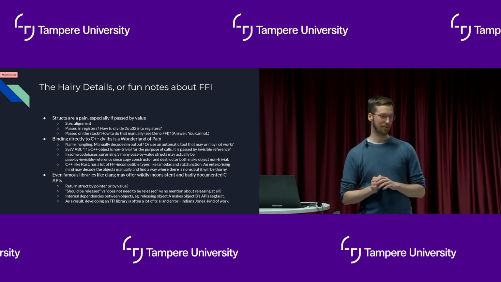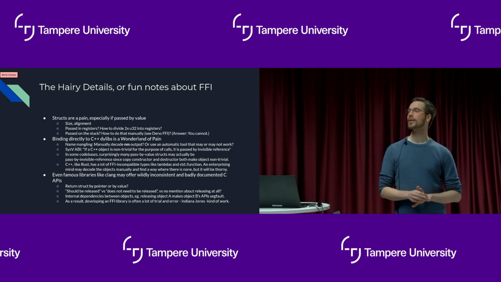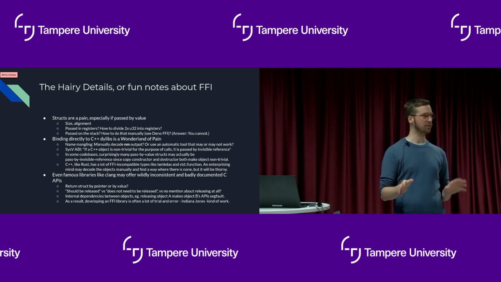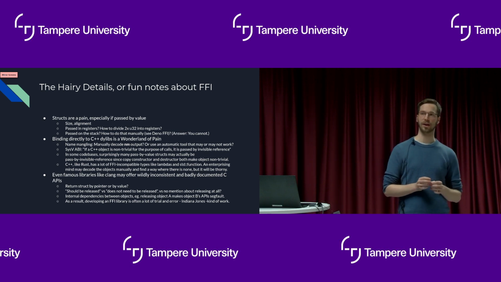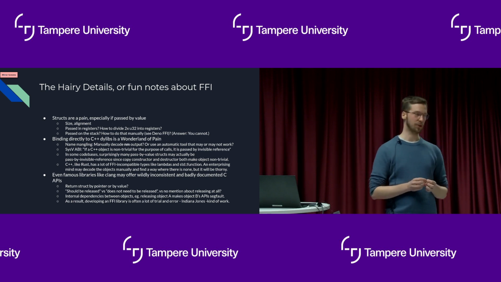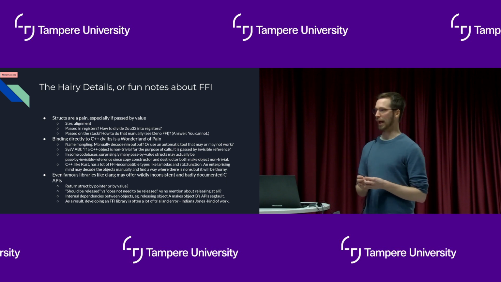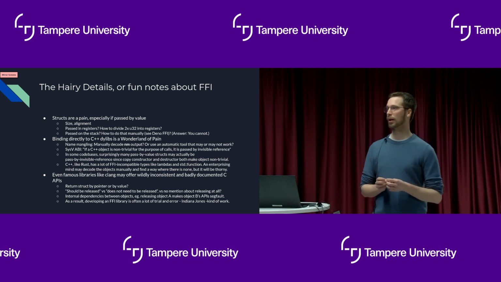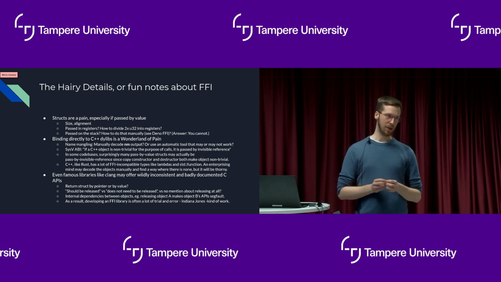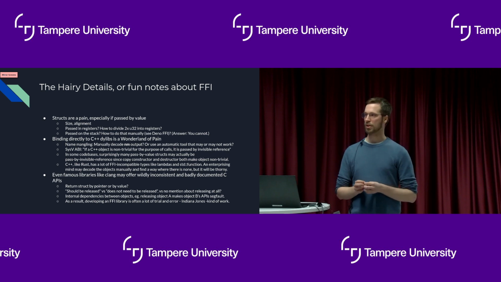And then final point: if you're ever doing a C API library, please make it wildly inconsistent and please document it very badly. The libclang C API is kind of a good example of this.